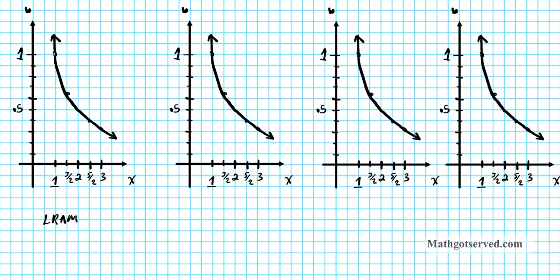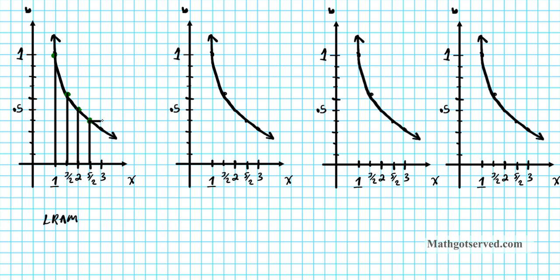So there goes the first point for the height of our rectangle, second point, height of the second rectangle, third point for the third, and fourth point for the fourth rectangle. Let's go ahead and draw our rectangles that are approximating the area. So this will be the first height right here, the second height, the third height, and then the fourth height.